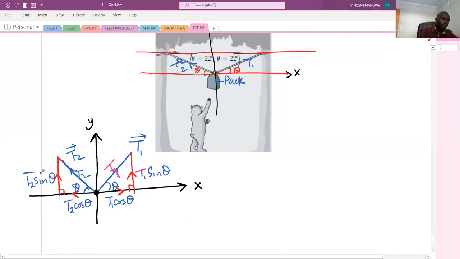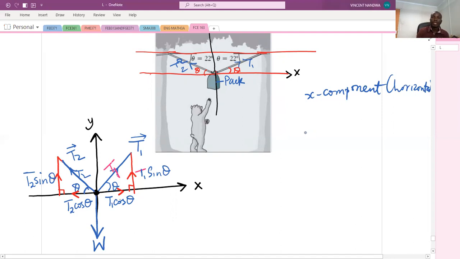So resolving for x components, that's the horizontal forces. Remember, we have the weight of the pack, W. Those acting toward the right-hand side are taken to be positive, left-hand side negative.